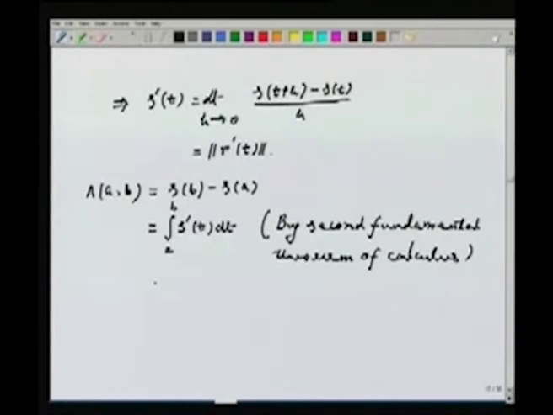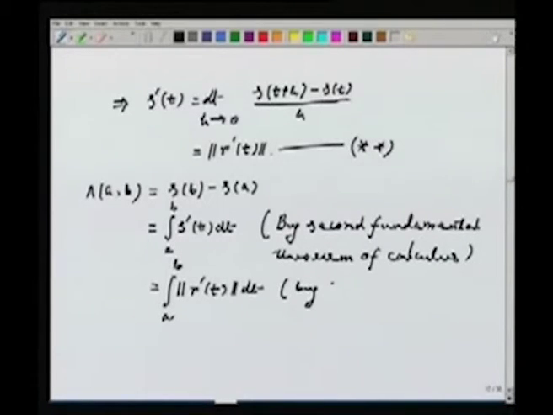But this then, which I have proved so far, is integral a to b norm r prime t dt. If I call this double star, the last line follows by double star. Now this is a concrete formula by which we can calculate the length of certain curves.